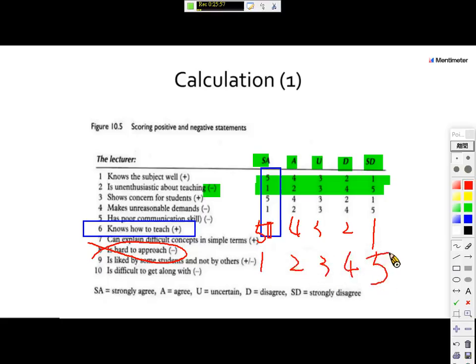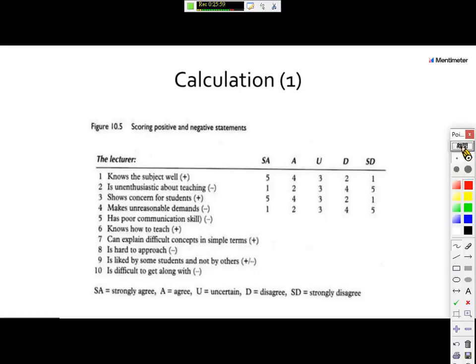Is that right? Okay, now let me ask you one question. If for this one, the lecturer can explain difficult concepts in simple terms, and I choose this answer, what would be the code number for this one?